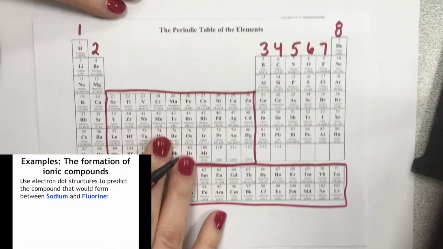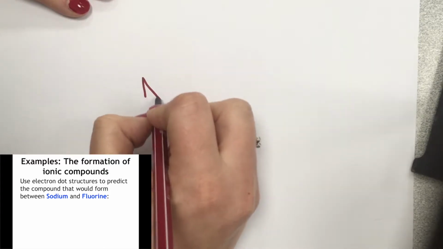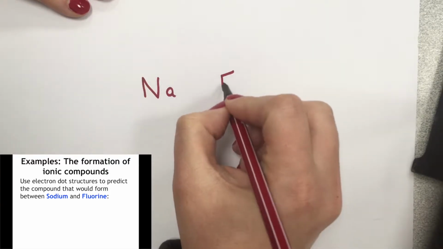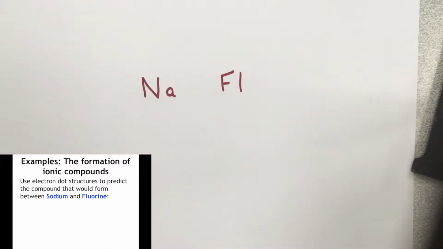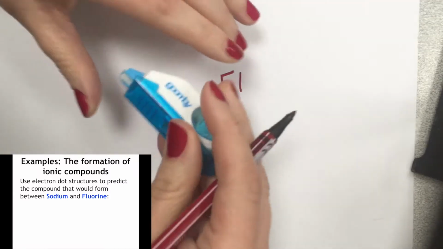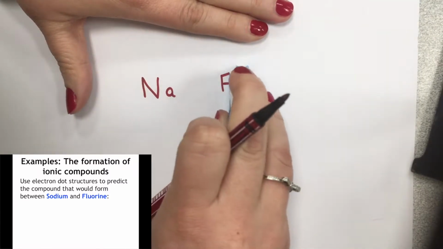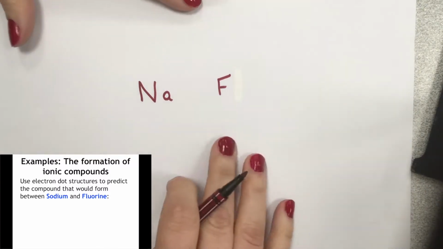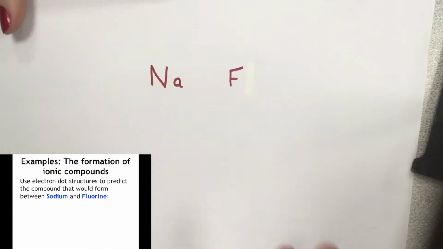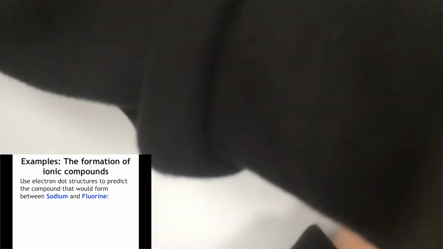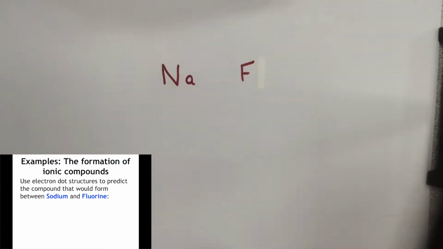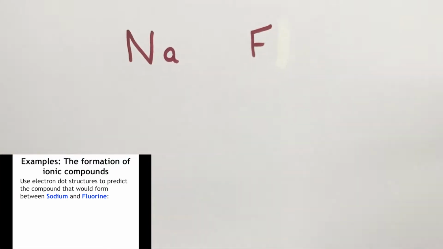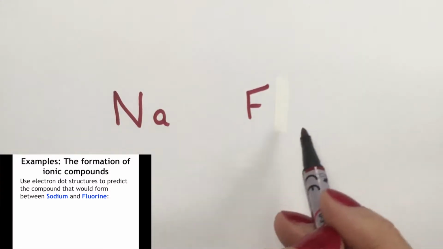So let's do sodium and fluorine. So sodium, Na, and fluorine, F. These are our 2 atoms that we are going to use, and this will be our metal and this is our non-metal.